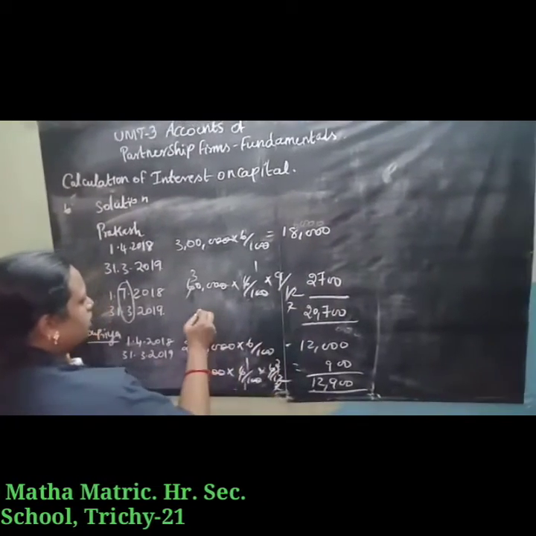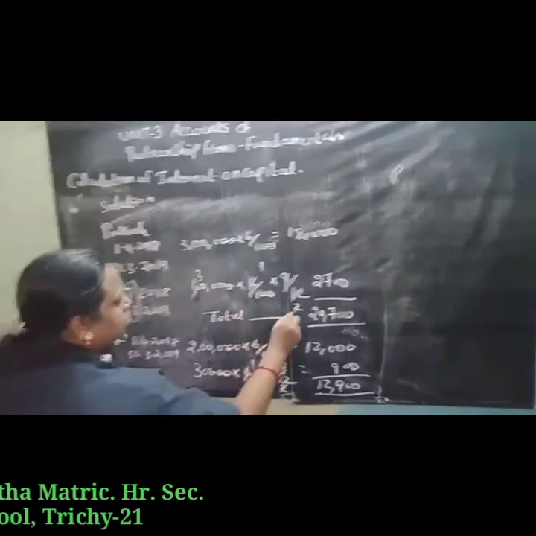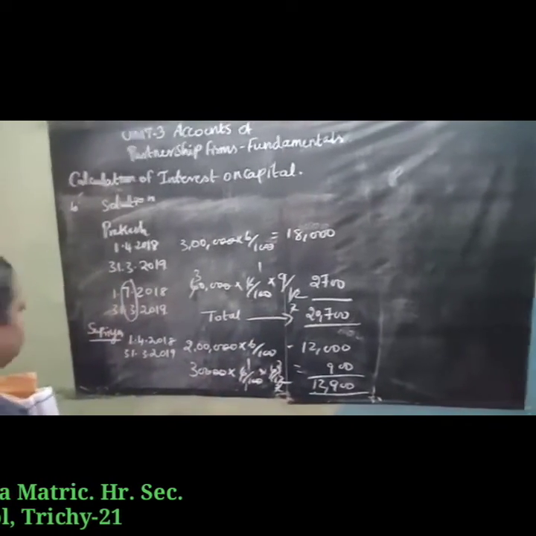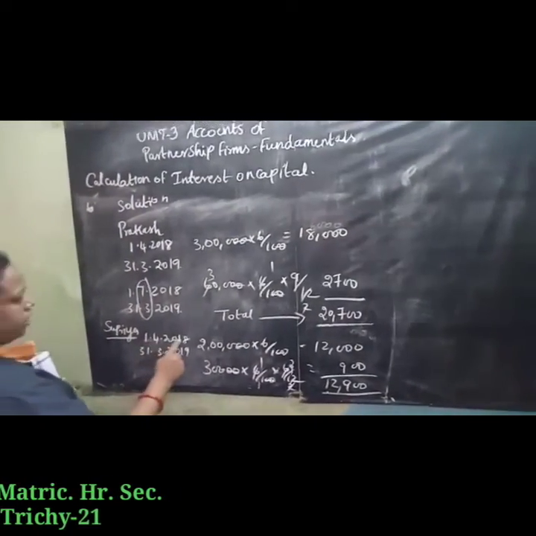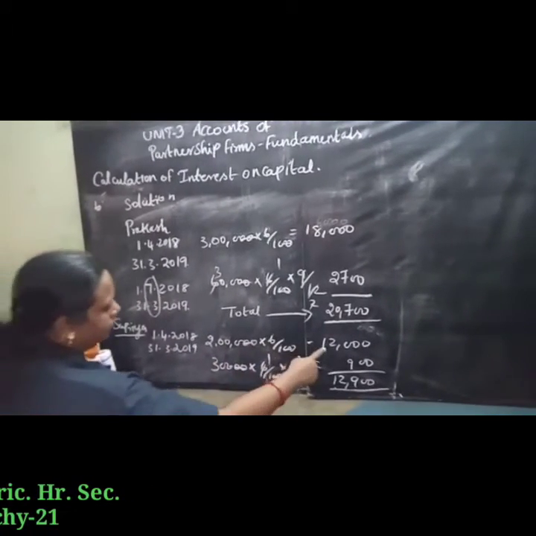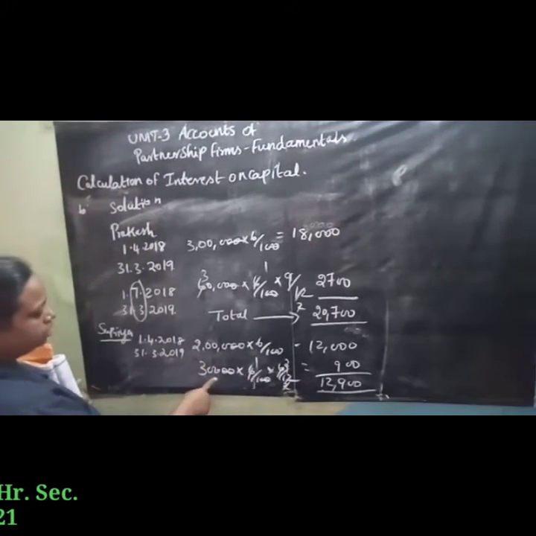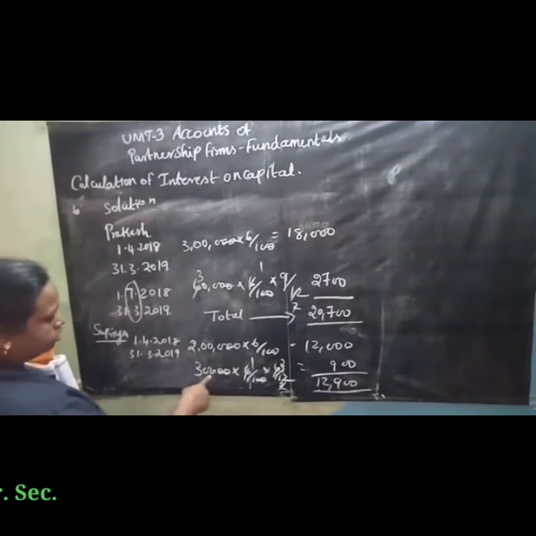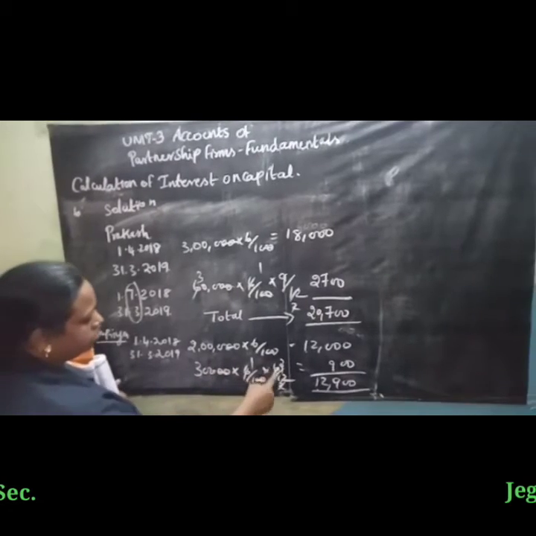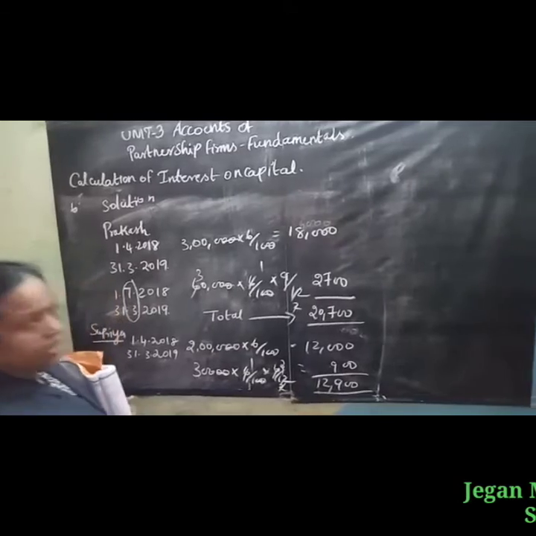So total interest on capital for Prakash 20,700. For Supriya 1/4/2018 to 31st 3/2019, 2 lakh into 6 by 100, 12,000. The next, Supriya introduced additional capital 30,000 during the year. So 30,000 into 6 by 100 into 6 by 12, answer 900. So total 12,900.